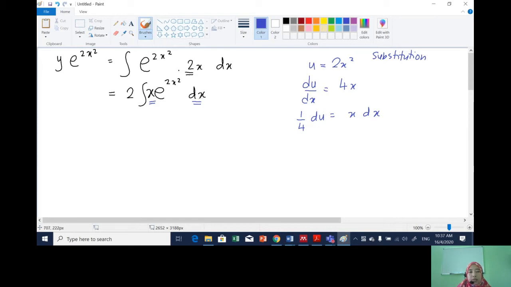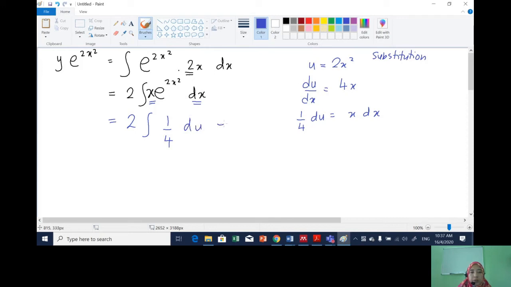Everything in x and dx will be converted to u and du. So e to the power 2x squared becomes e to the power u, and the integral becomes the integral of 1 over 4 du.